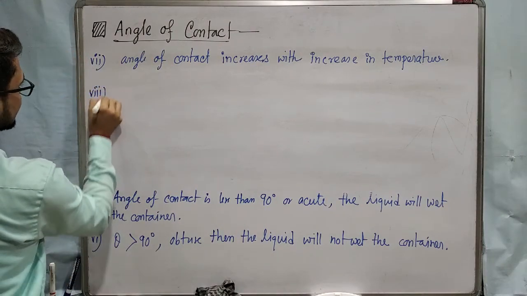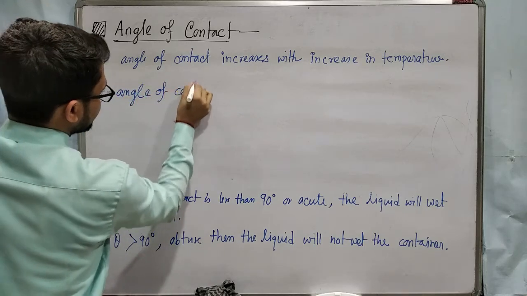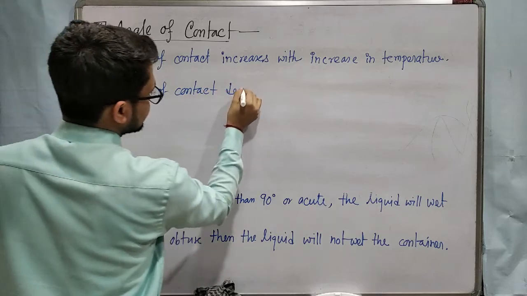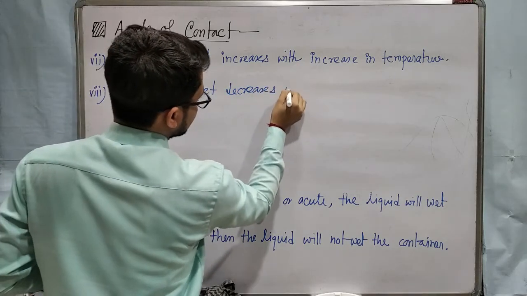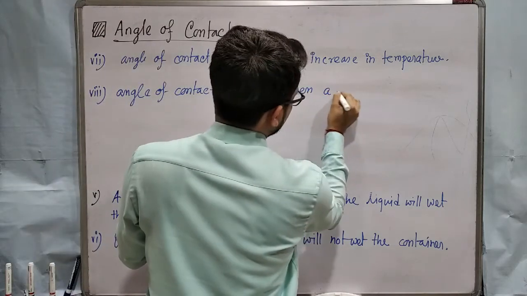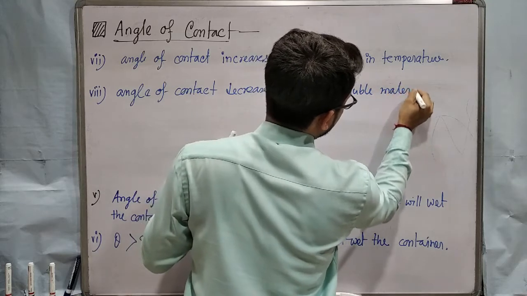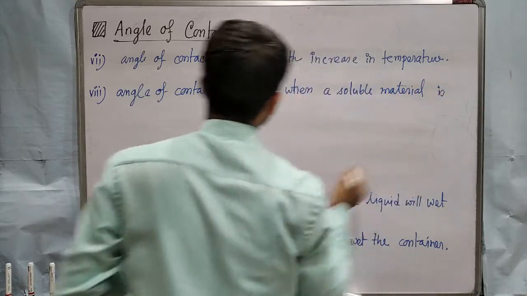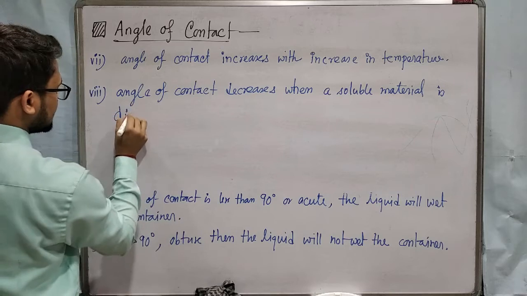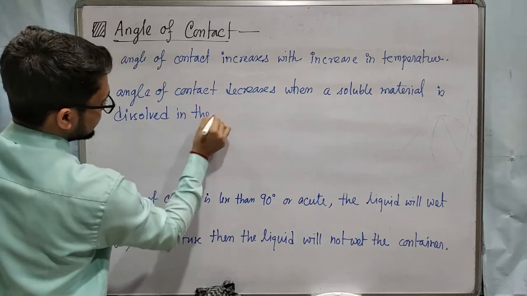And point number 8, angle of contact decreases when a soluble material is dissolved in the liquid.